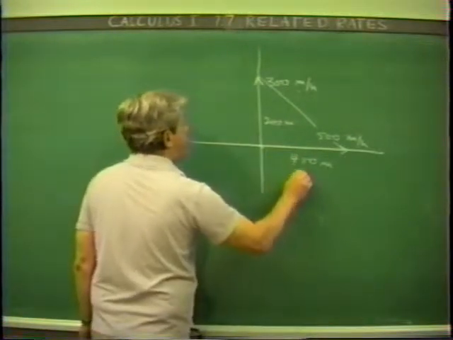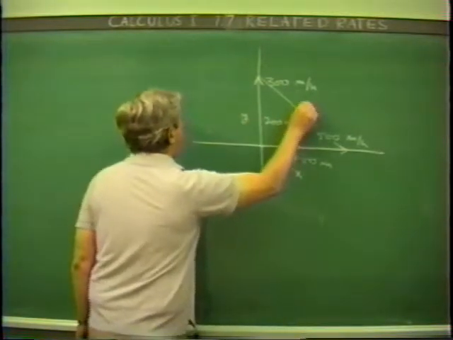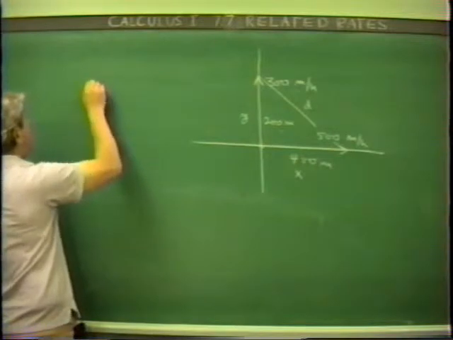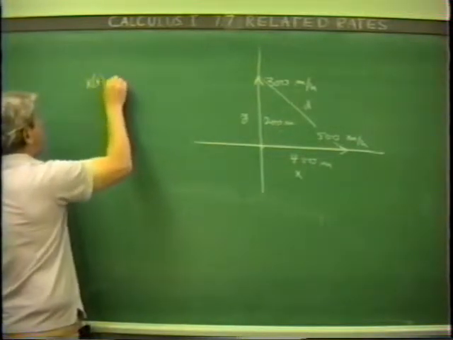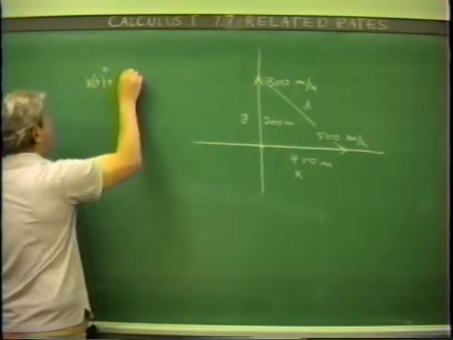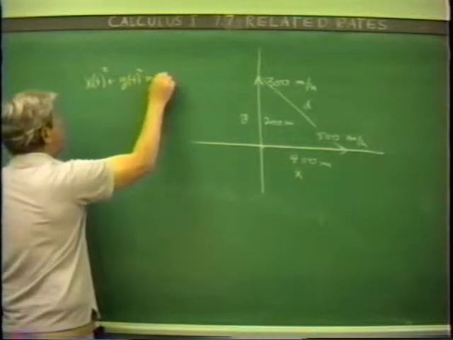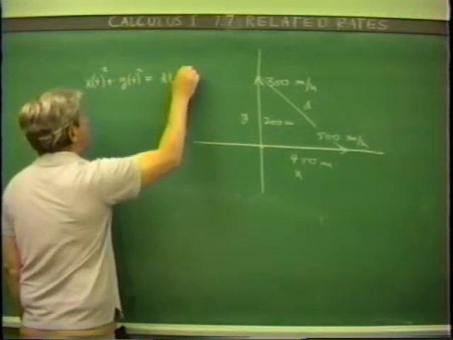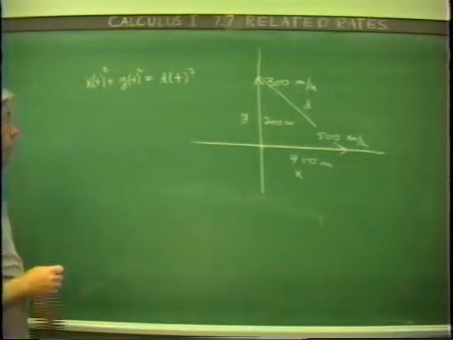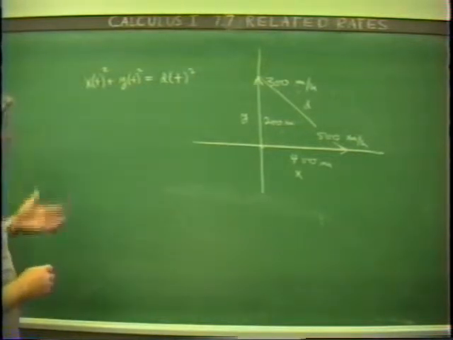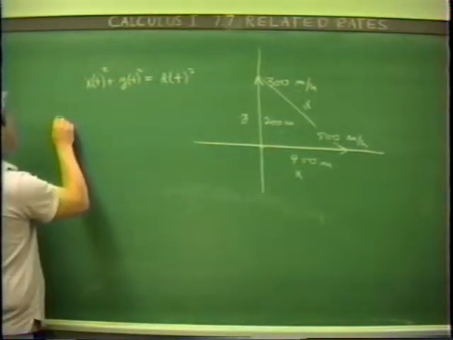The general situation here is this: if this is x, and this is y, and this is d, then at all times x of t squared plus y of t squared is equal to d of t squared. That holds true at all times.